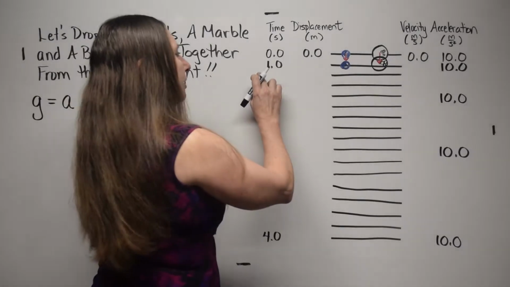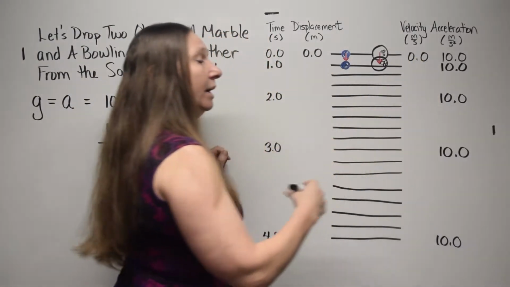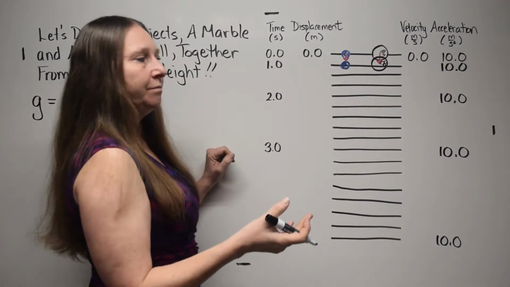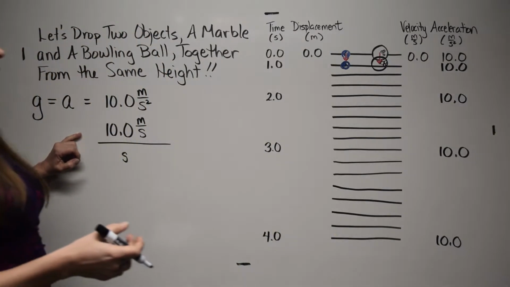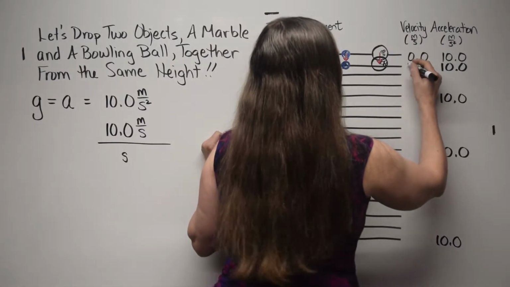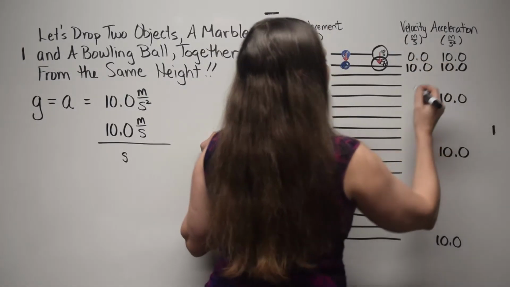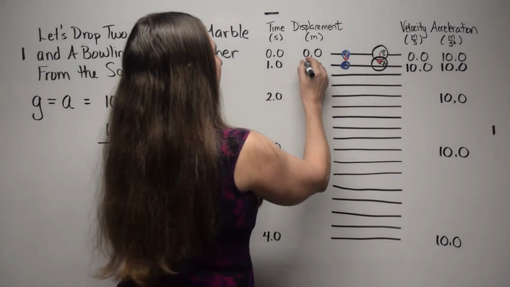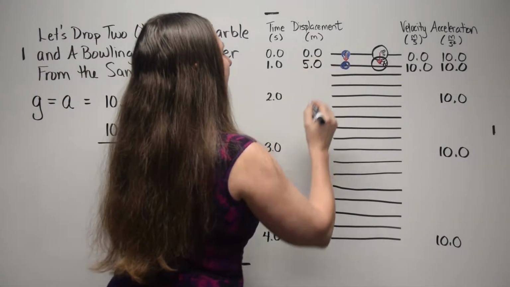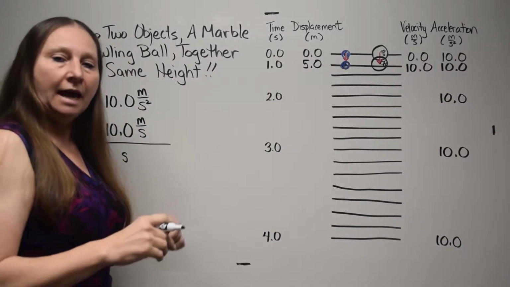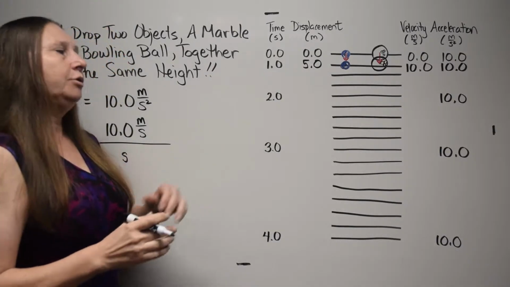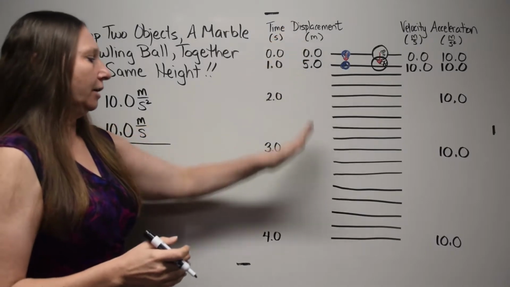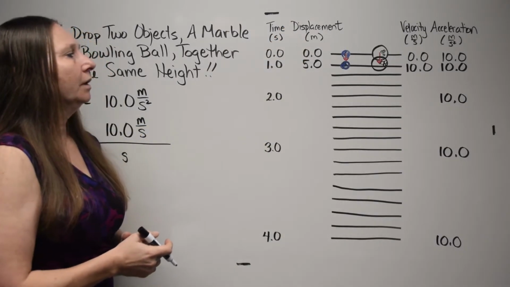So after 1 second, if it started at 0 and it's supposed to change by 10 meters per second, that means that now the velocity is 10 meters per second. And I will tell you that it has fallen exactly 5 meters down. I'll show you a little later how to get these calculations for displacement.